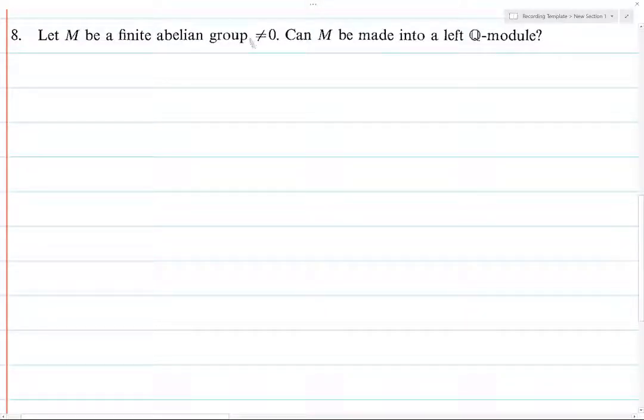Alright, here's another one of those problems where you come up with a counterexample somehow that proves your point. I don't really like these types of problems because I don't always see how you would come up with the counterexample, and it's not necessarily enlightening.